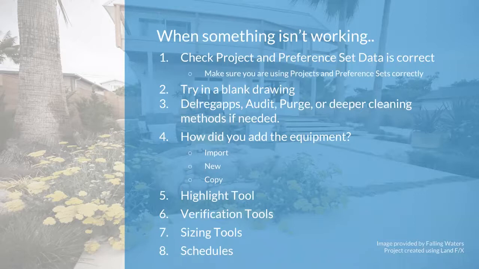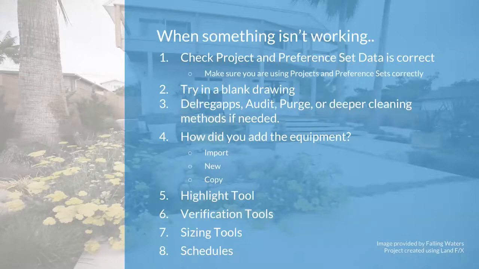It might sound too simple, but if you can identify that it's working properly in a blank drawing, you can isolate it to that drawing specifically. Or if you can replicate it in that blank drawing, maybe you can look into it as a global issue and see what's going on there.